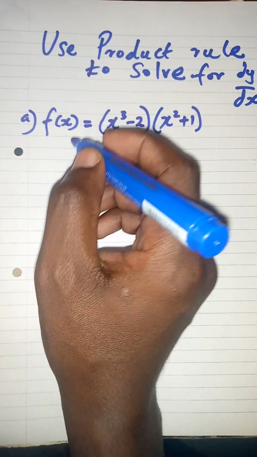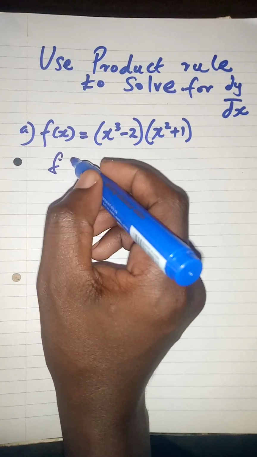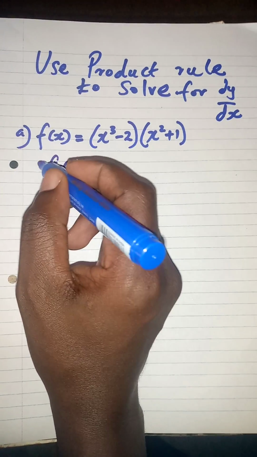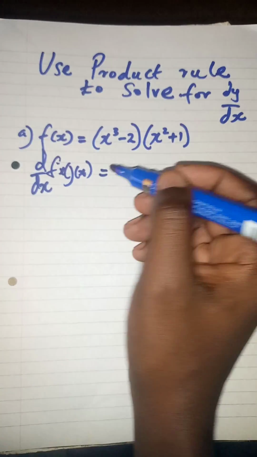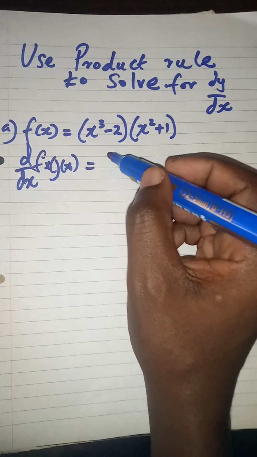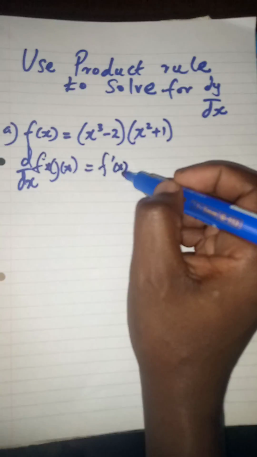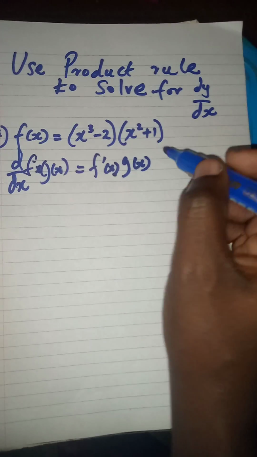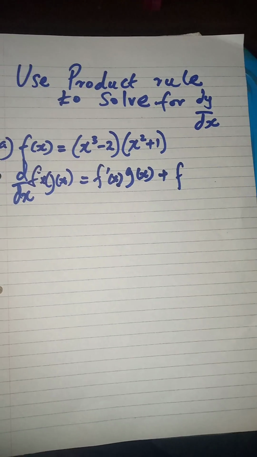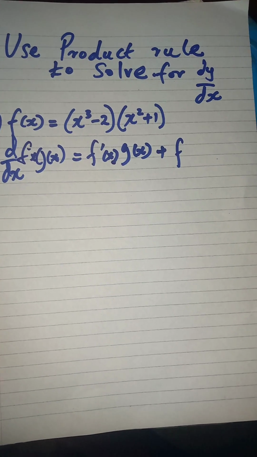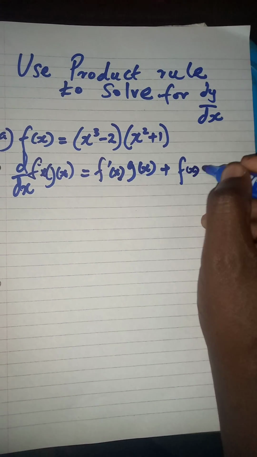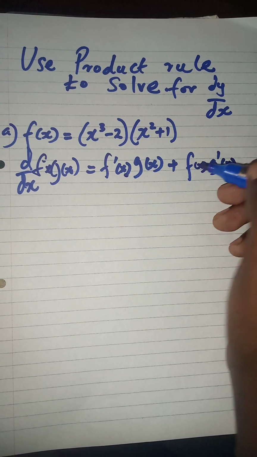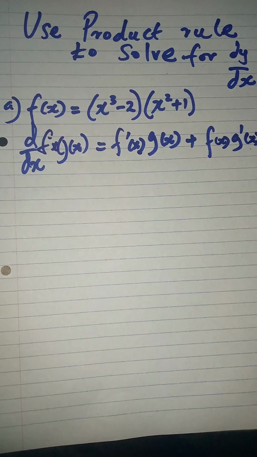Remember the product rule: if I have a function f of x and a function g, and I want to find its derivative, I find the derivative of f of x and multiply by g, and then I add the derivative of the second one multiplied by the first one, and that is what we call the product rule.